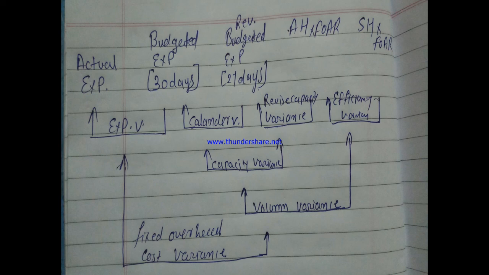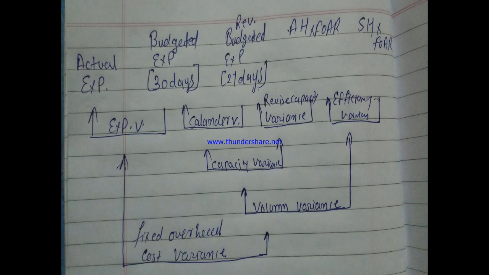Now, we already know that capacity variance is a combination of calendar variance and revised capacity variance. Meaning whenever we are calculating capacity variance, we sum the calendar variance and revised capacity variance.